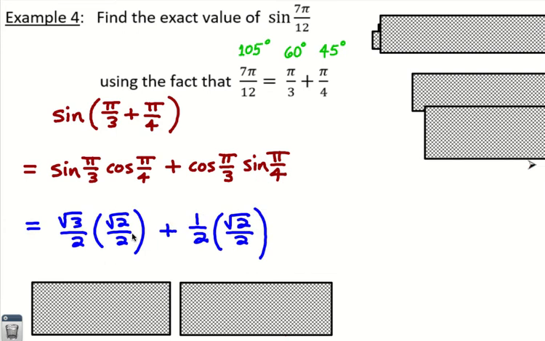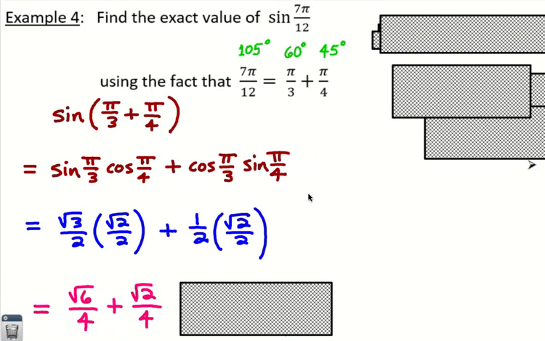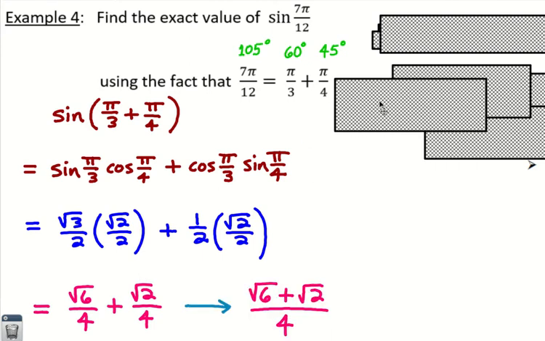Go to your cheat chart, and those are all the answers. And now all you got to do is simplify that up for a final answer. So this was just like example 1, wasn't it?